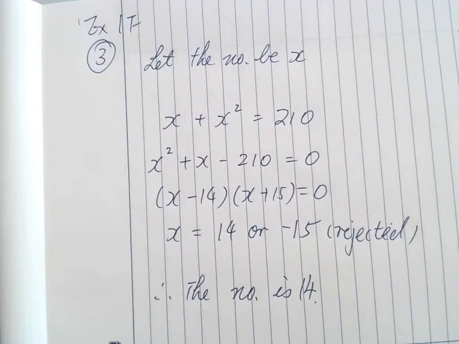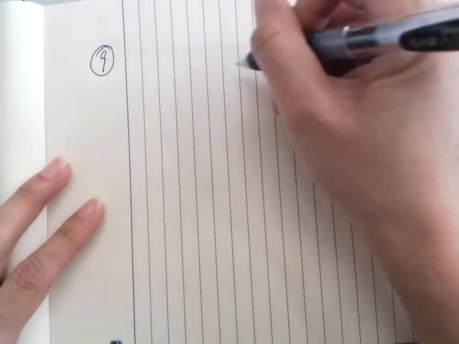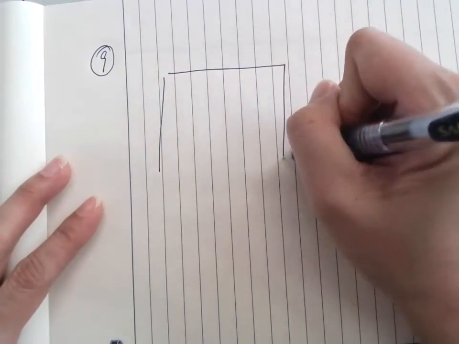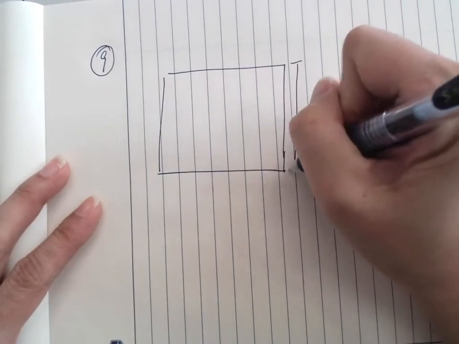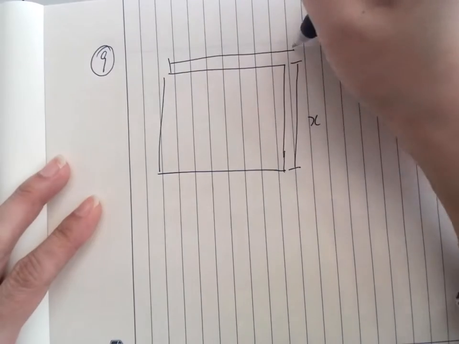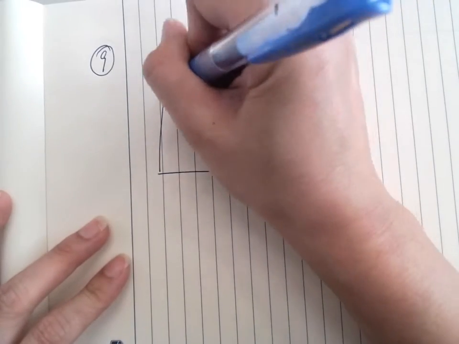There's another very classic question, number 9. Number 9 talks about a shape, a square. We do not know how long, so we just assume that it's x on both sides. And then a square corner is cut out, 3 by 3.